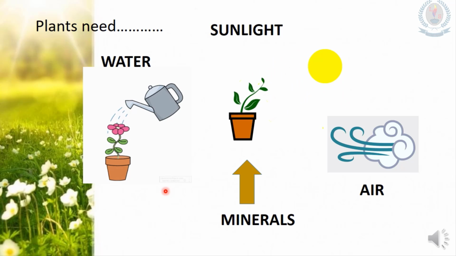They are not like water, sunlight, air. They are chemical substances. So in this lesson, we are going to learn about the chemical substances needed for the growth of the plant.